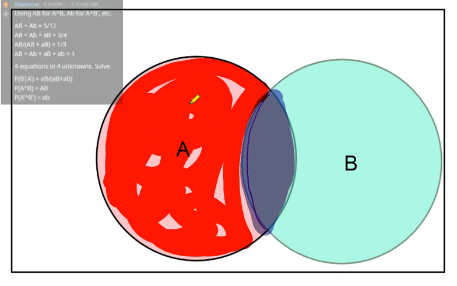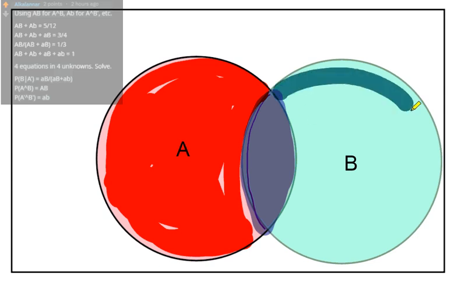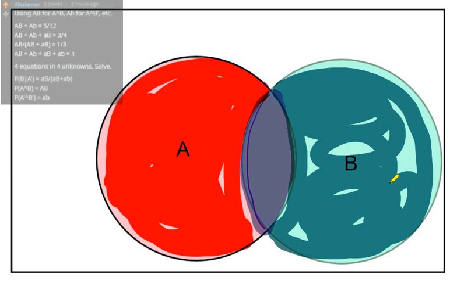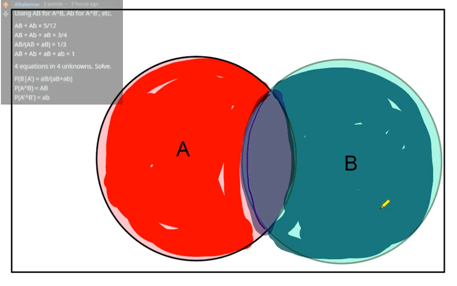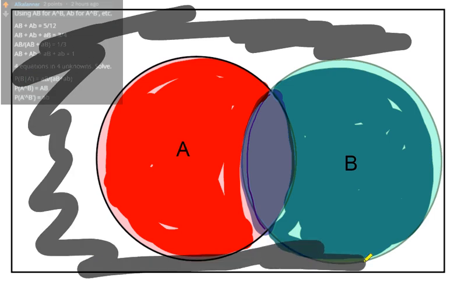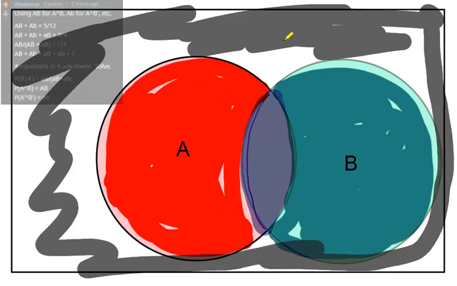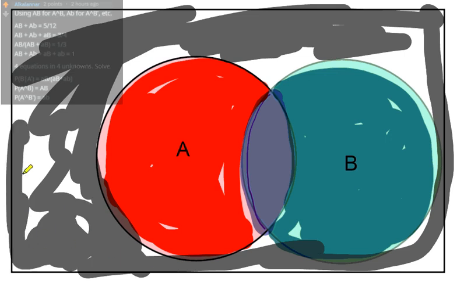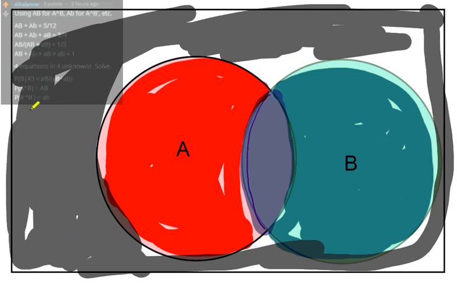The probability of B happening and A not happening, which is this area over here. And then the probability that neither one of them happens, which is everything else, all this stuff out here. All right. And if you add all that up, you get 1. Because the probability that something does or does not happen is 1.